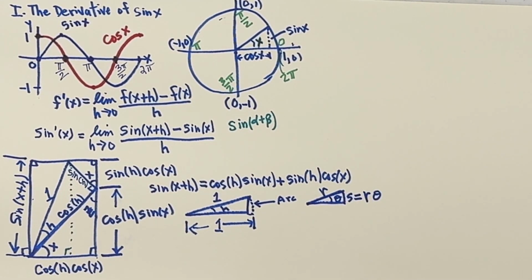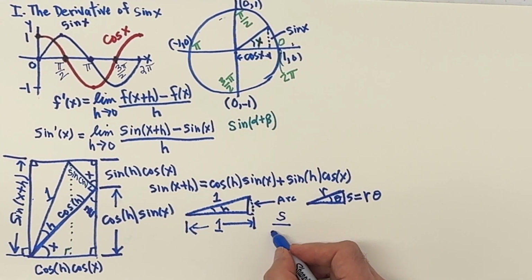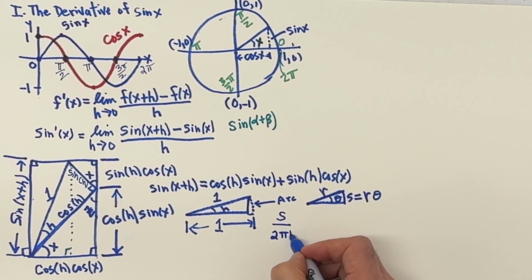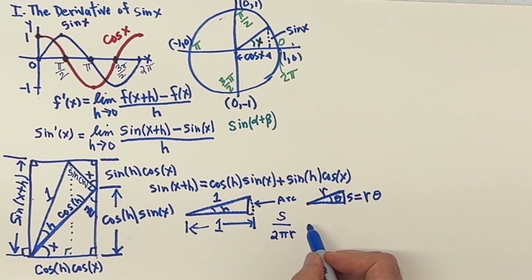Now, let me review that. S is arc length. So this arc S, if you compare that with the circumference, which is 2 pi r. Now, I'm going to let this be r, but it is 1, but let's keep it in general for now.